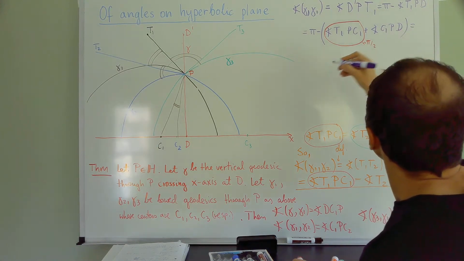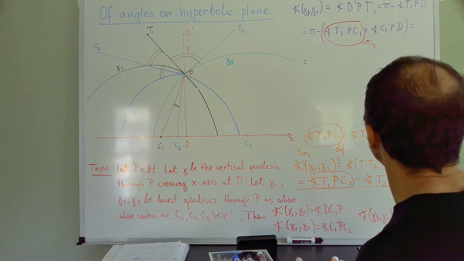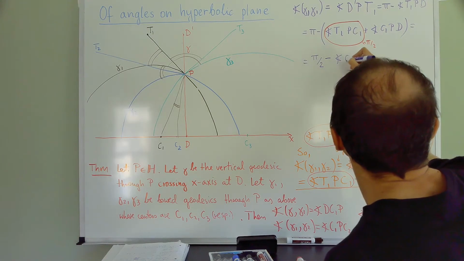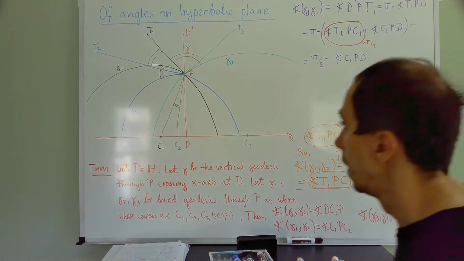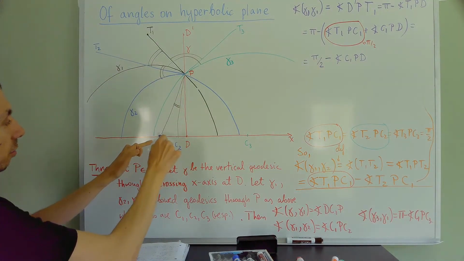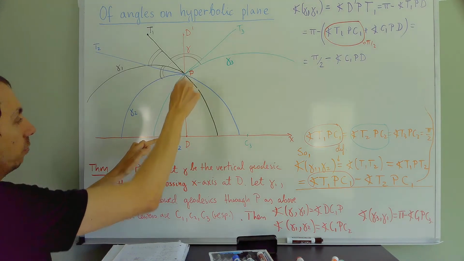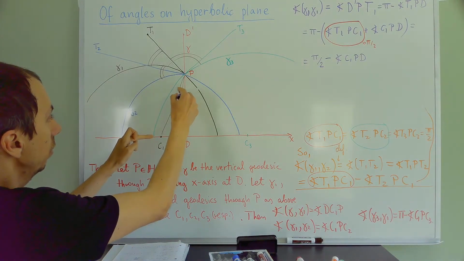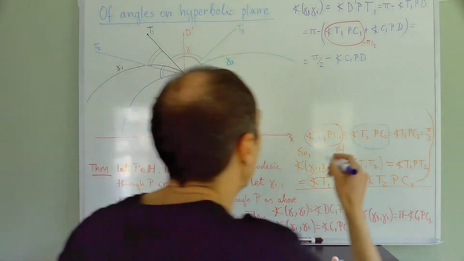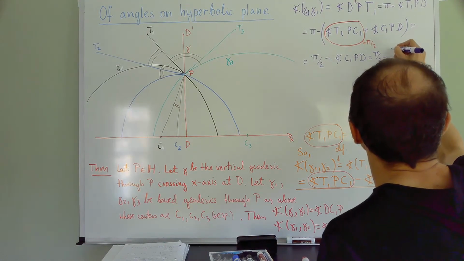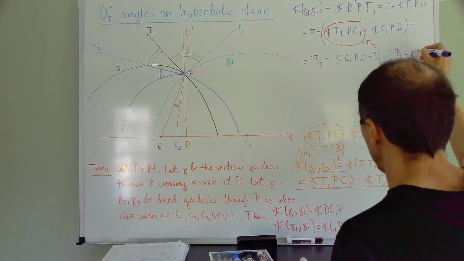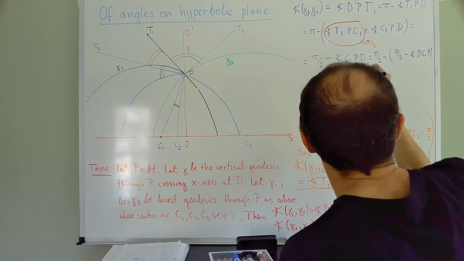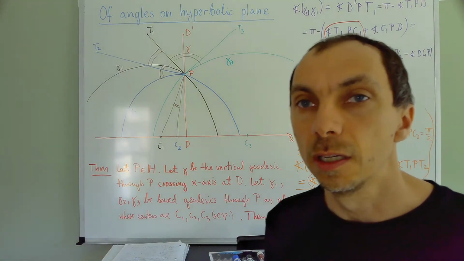So this gives me pi halves minus the angle C1 P D. But look, this is a right triangle, so the angle C1 P D is 90 minus the angle D C1 P. So this is pi halves minus D C1 P. So this is just D C1 P. Okay, and this proves the other equality.